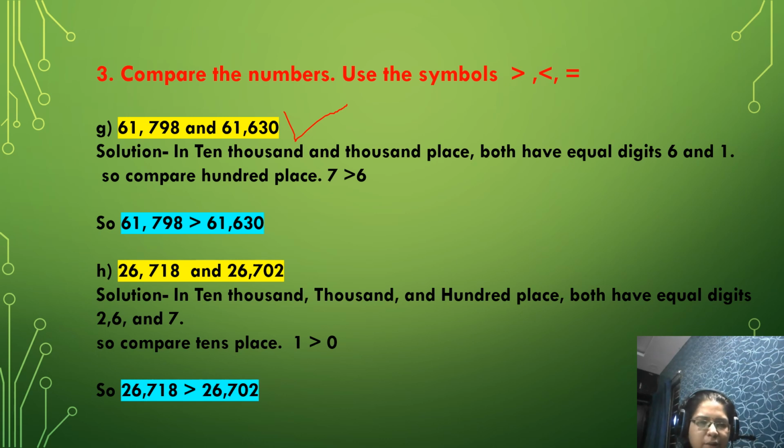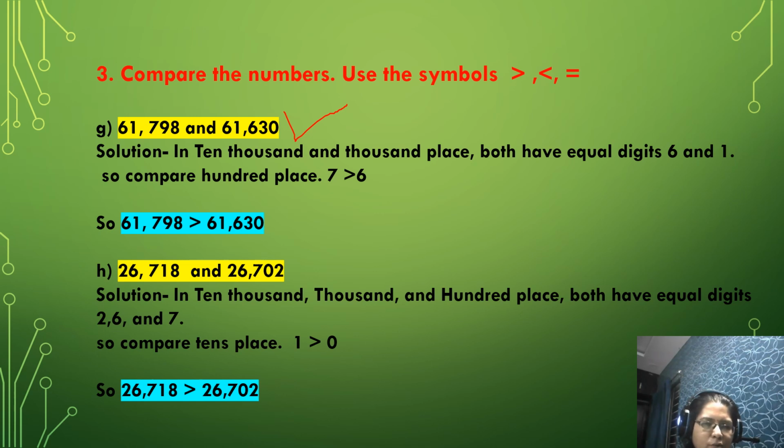In the 10,000 place, in the first number, 6 is there. In the second number, in the 10,000 place, the digit is also the same, that is 6. So in the 10,000 place in both numbers the digits are equal, 6 and 6. Next we move to the 1000 place. In the 1000 place in the first number the digit is 1, and in the second number in the 1000 place the digit 1 is there.